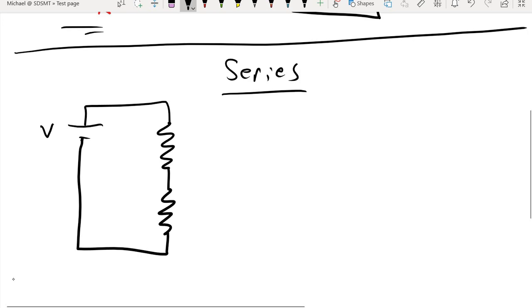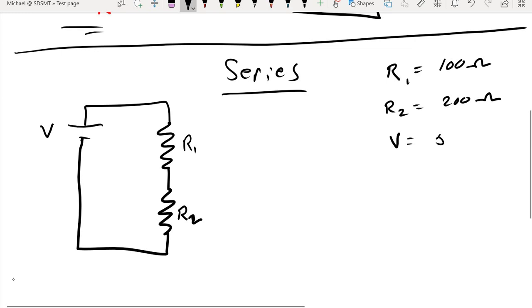I'll hook up a battery, and I'm going to use two different resistors. For the first one, I'll use 100 ohms, and for the second one, 200 ohms. For the battery, we'll say it's 50 volts. I'm just throwing some numbers out there.